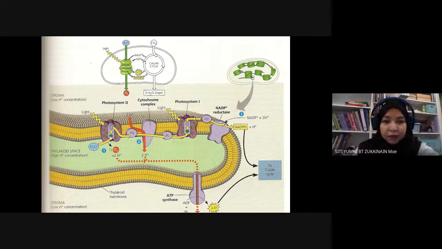Hydrogen ions first enter the stroma via electron transport chains, and then after that, they are removed from the stroma and deposited here through the electron transport chain. Here, if you can see, hydrogen ions are removed from the stroma and then deposited into the thylakoid space here.